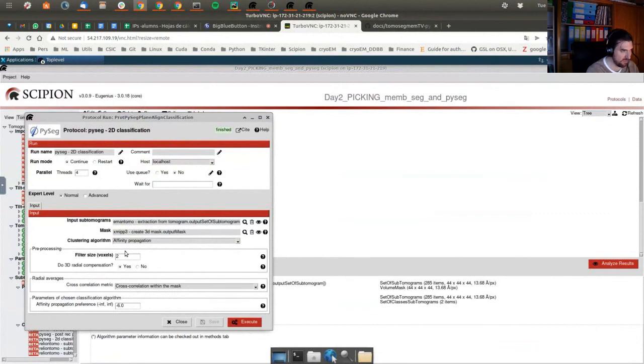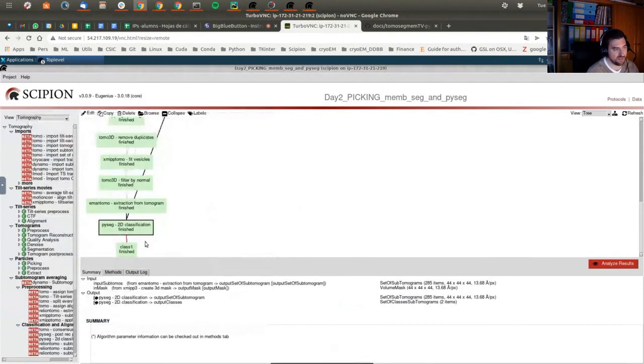You can play with this to get a better visualization of your results. Leave all the other parameters by default, and if you click on execute, we obtain 2 classes and a set of subtomograms which can be classified.